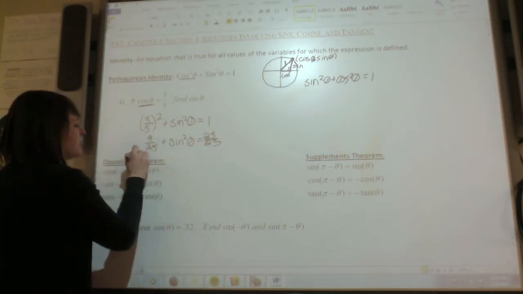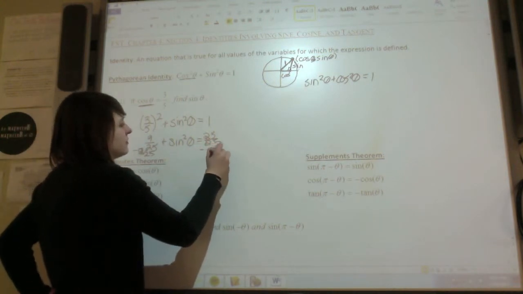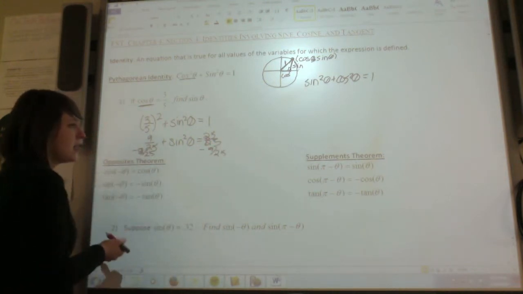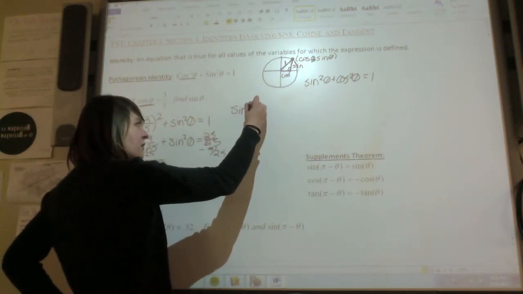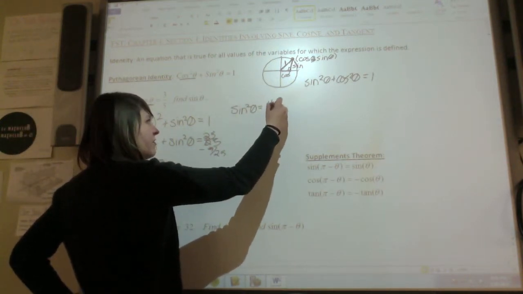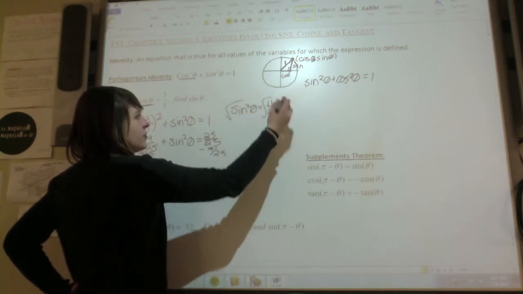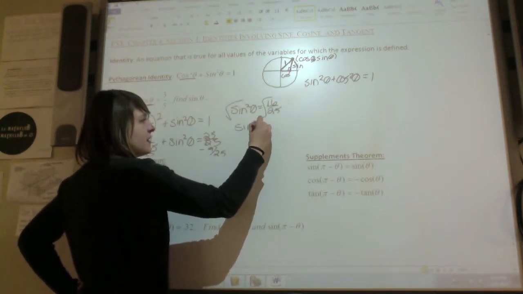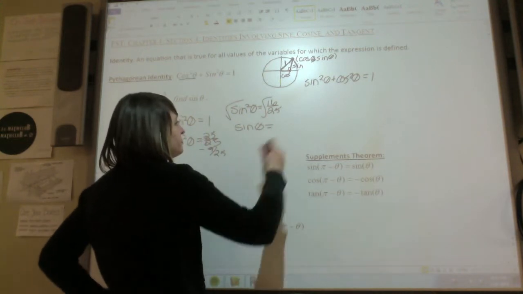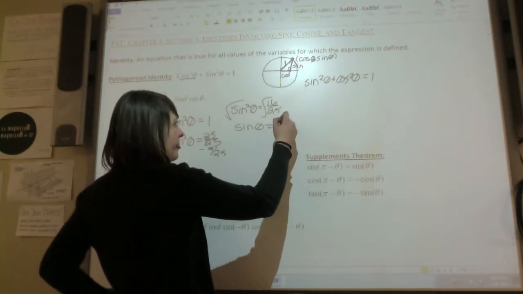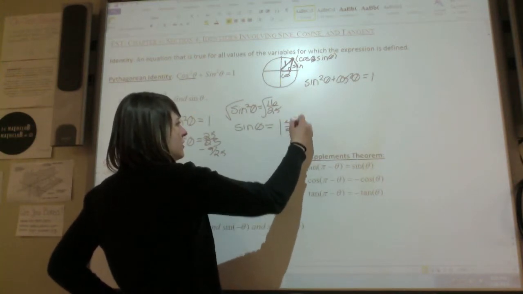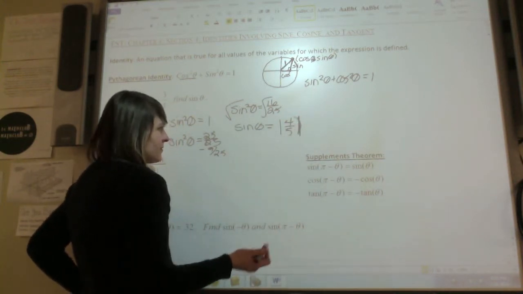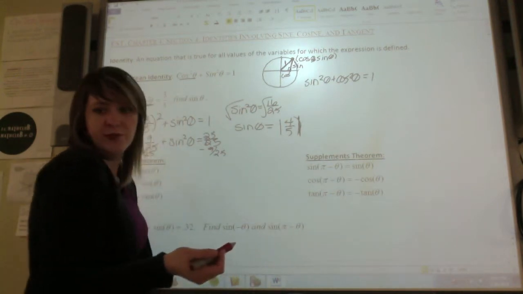So if I subtract 9 over 25 from both sides, 25 minus 9 gives me 16 over 25. So sine squared theta is equal to 16 over 25. If I take the square root of both sides, I have sine of theta equals the absolute value of 4 over 5, so that would be positive or negative 4 over 5.